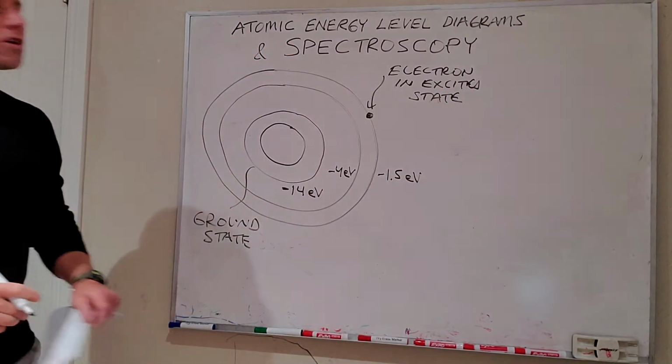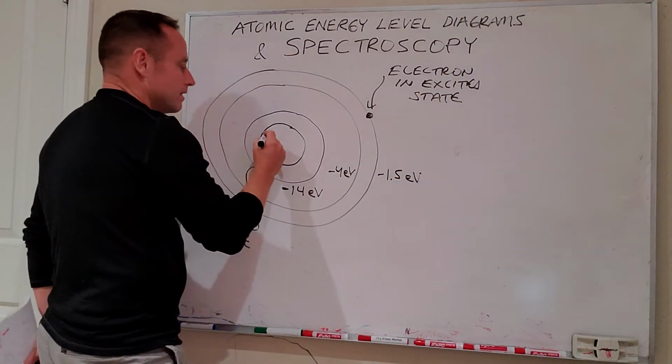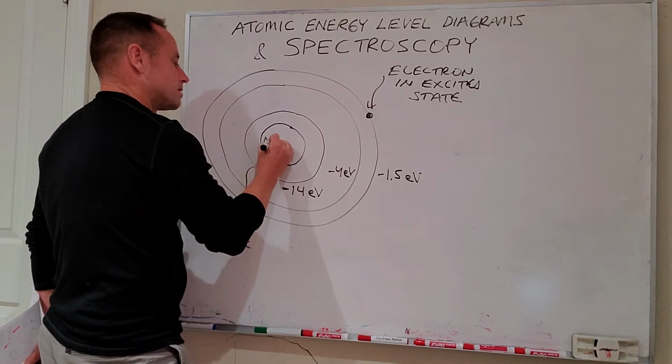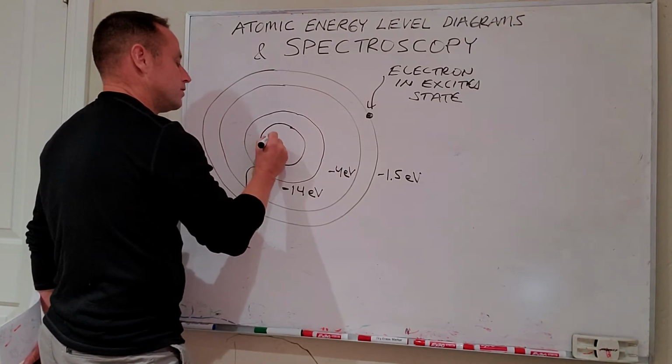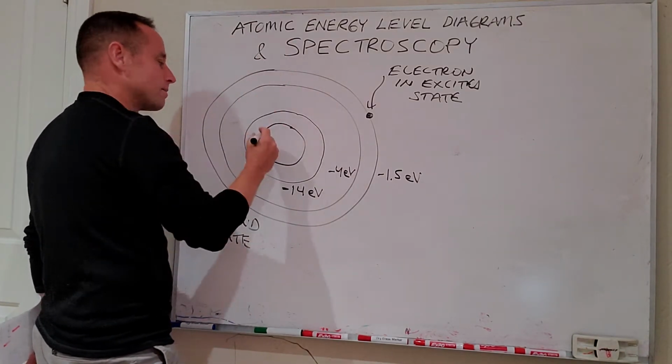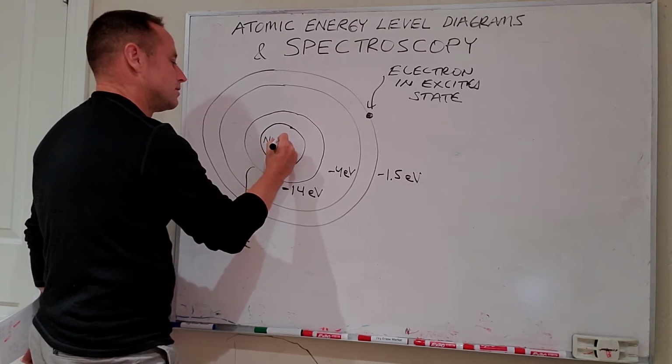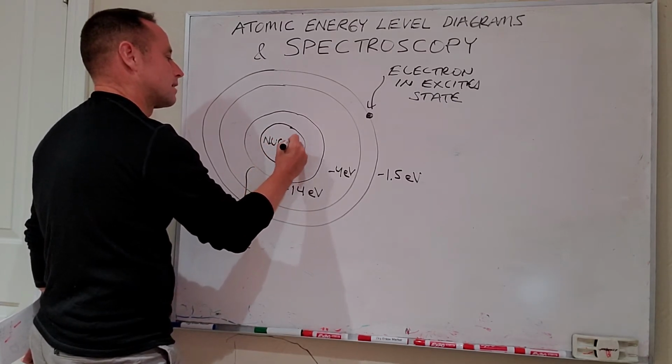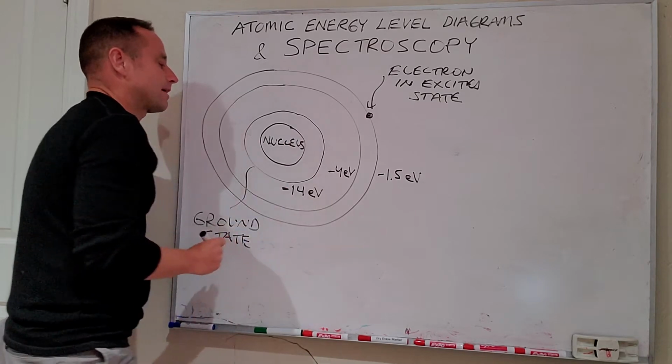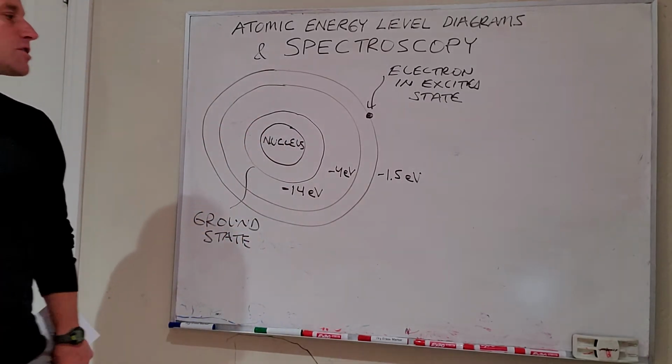This middle part here is the nucleus, so it represents the nucleus, and then the electrons are in these little orbitals around it. So you've got the nucleus and the levels above it.